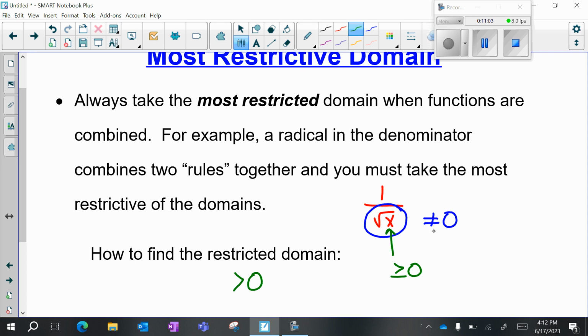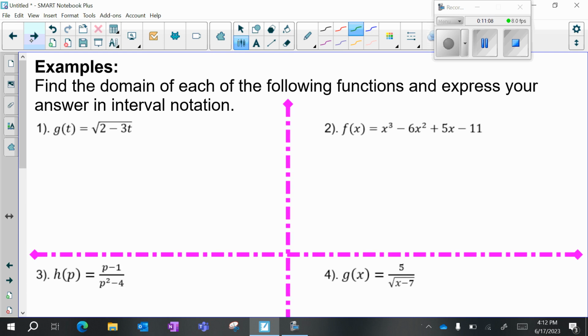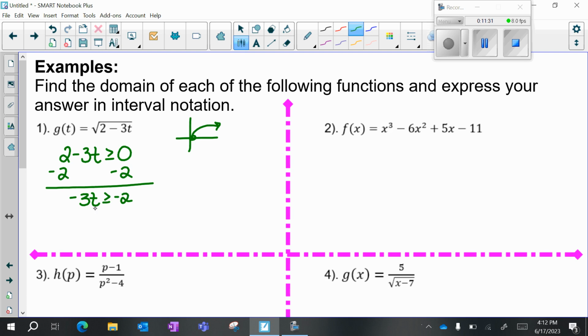Let's take a look at some examples of all different types of functions. So example 1, g of t equals radical 2 minus 3t. This is under a radical. I'm going to take what's under the radical and set it greater than or equal to 0. And if you need to remember your parent function to help you, it looks like that. So I'm going to subtract 2 on both sides. Negative 3t is greater than or equal to negative 2.